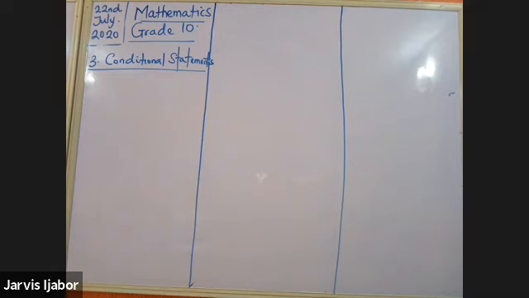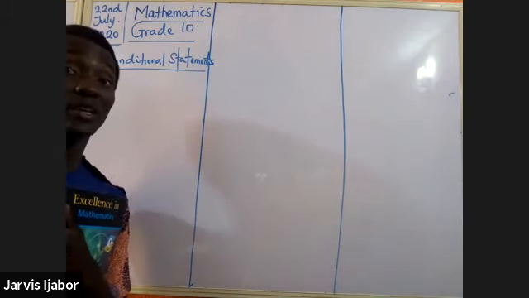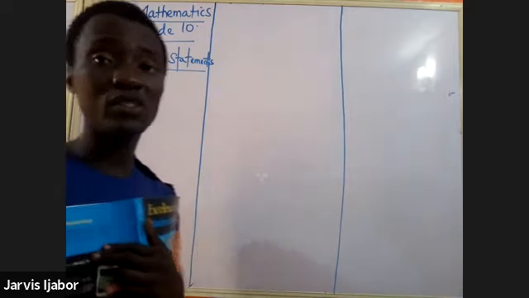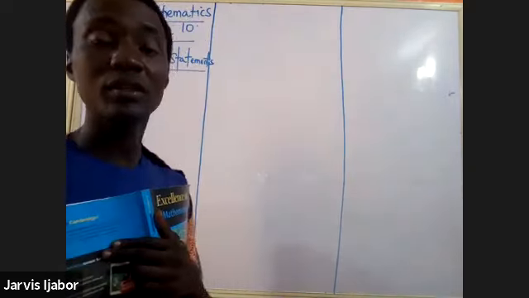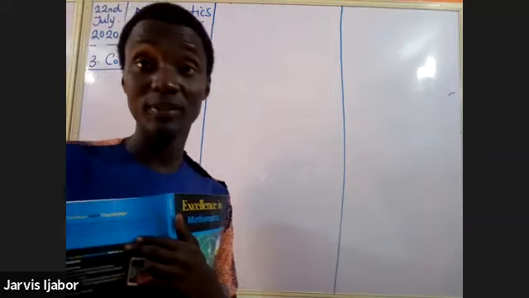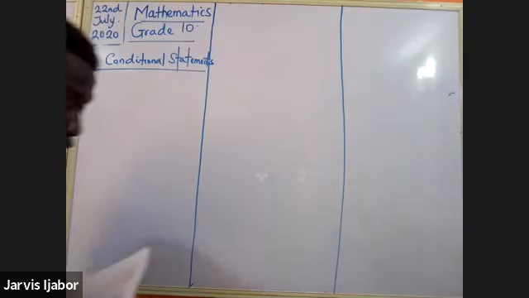So what is that? Take note of it. We have treated complex statements. The first one was conjunction. The next one was disjunction. Now we're going to treat what is called conditional.